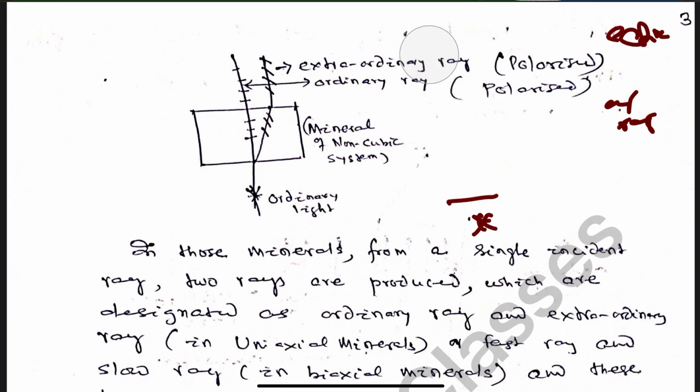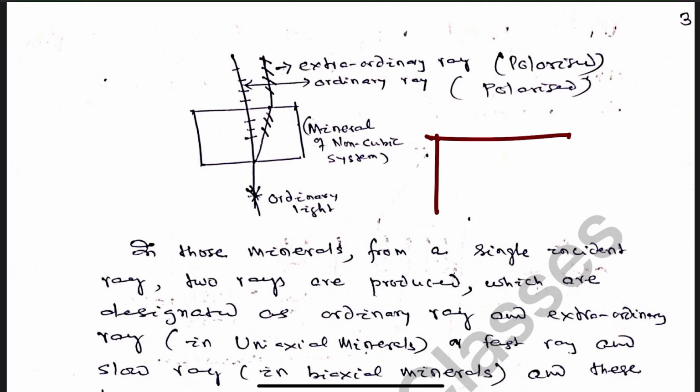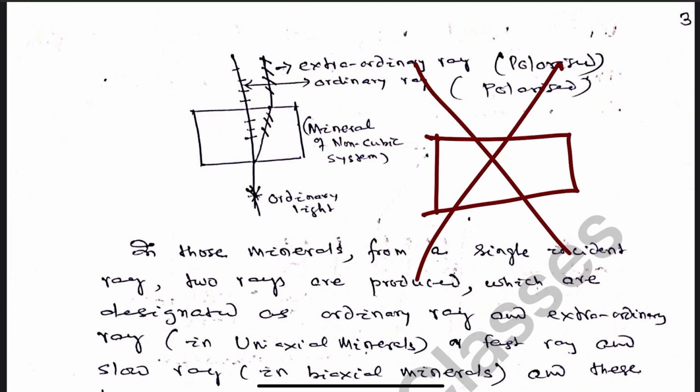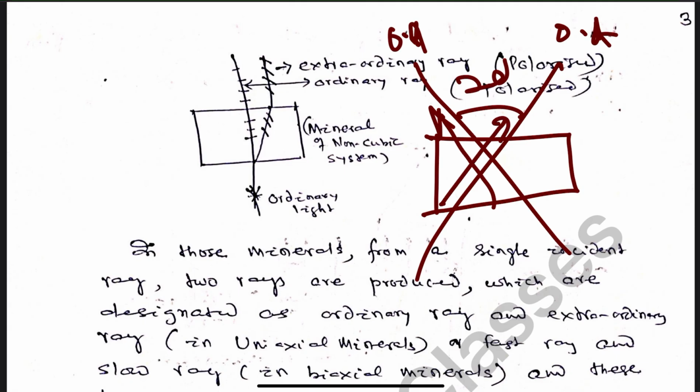Similarly, if we take into account any biaxial mineral, biaxial minerals are found to possess two directions which are called optic axis directions, and the angle between them is called 2V. In that case, if the light is moving parallel to these optic axis directions, then along those directions there occurs no double refraction or no polarization.